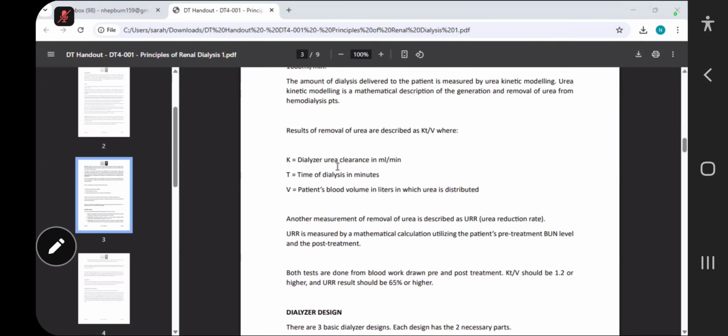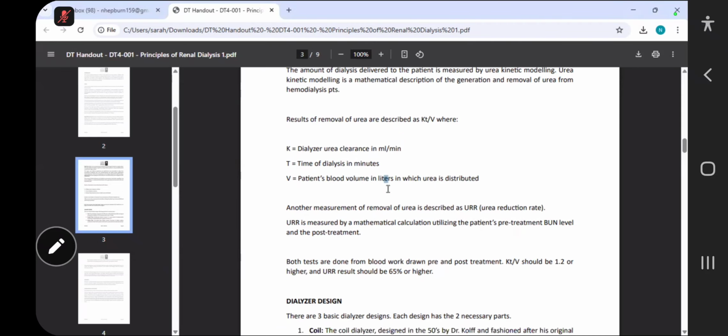You know that the T means the time of dialysis in minutes. And you know that the V means the patient blood volume in liters in which urea is distributed, right? And you know that KTV is the results of the removal of urea, right?